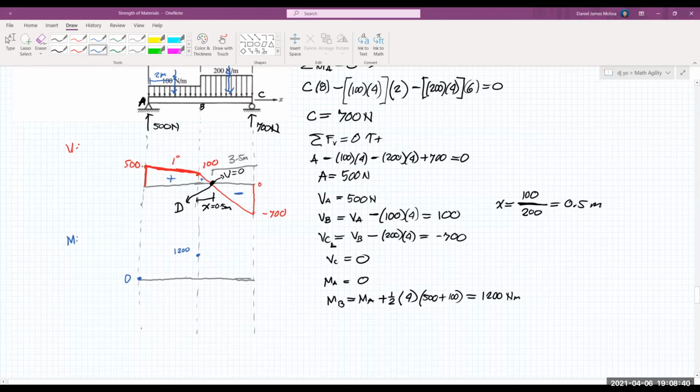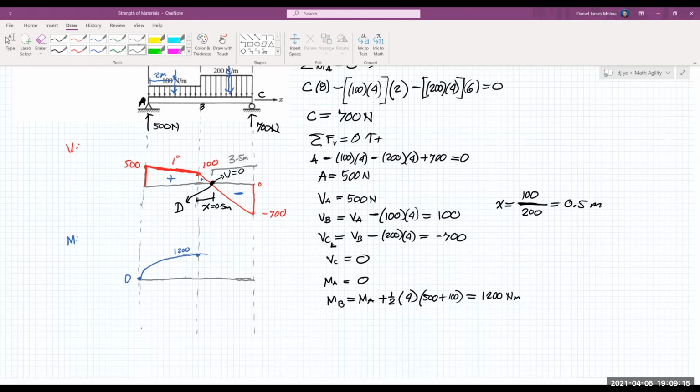But notice that the shear from A to B is decreasing. So the slope of the curve from A to B at the moment diagram should also be decreasing. So since the slope is decreasing, we go from an approximately vertical line to a horizontal line. So let's draw a curve tangent to the two lines.